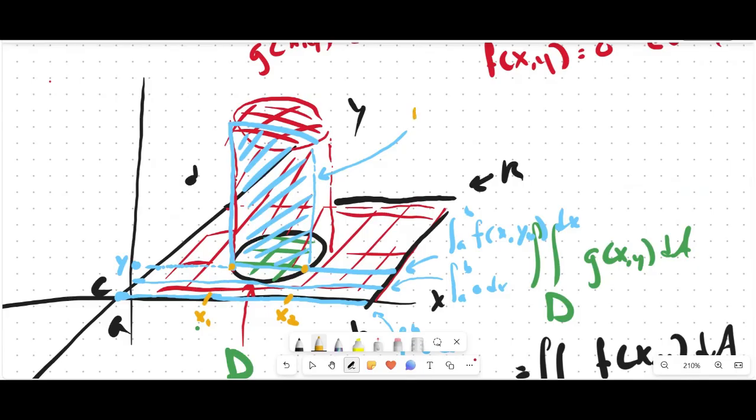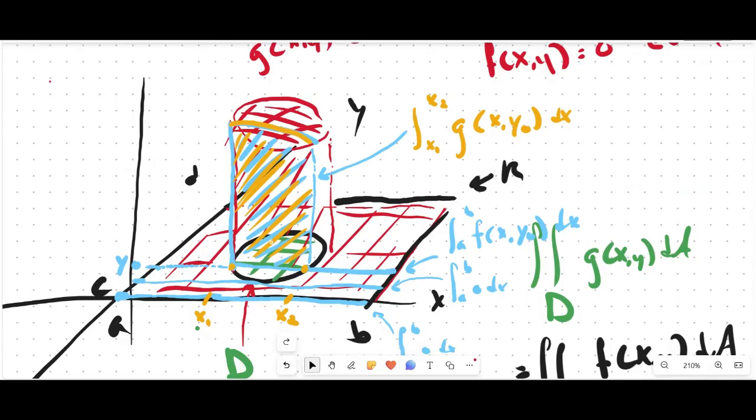And you could integrate just from X1 to X2, right? Because who cares? The other part's zero anyways. And now we can just write G. And we get this. Look, we get an integral here. It's the same integral. We're integrating the function G now. But we haven't gone all the way from A to B. A bunch of that was wasted.